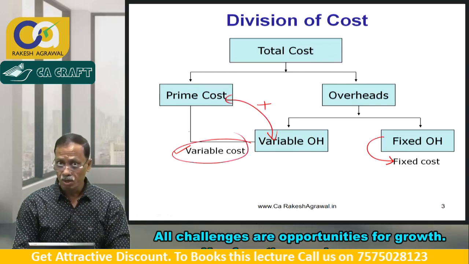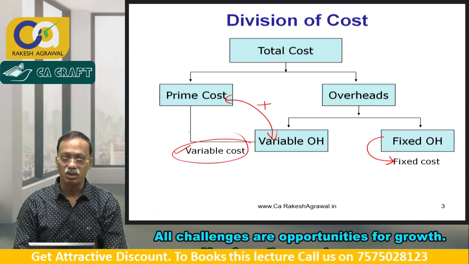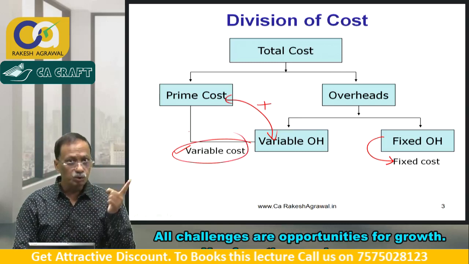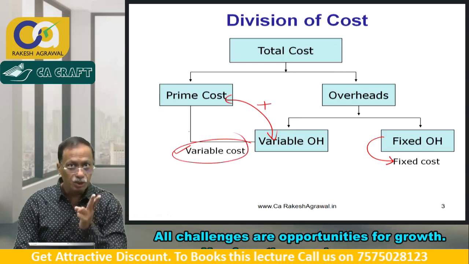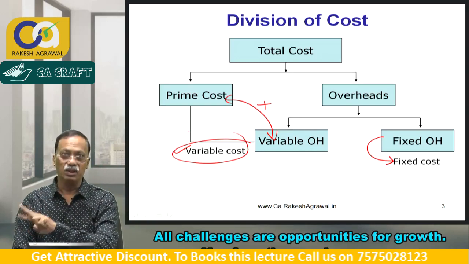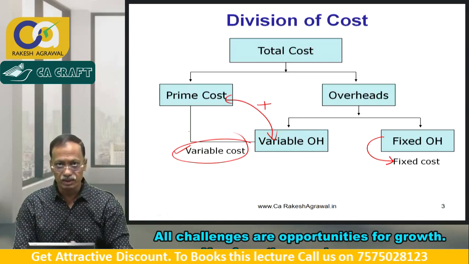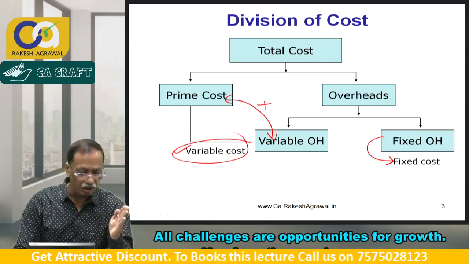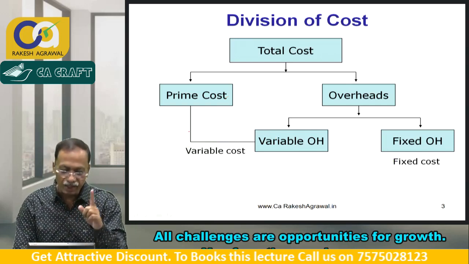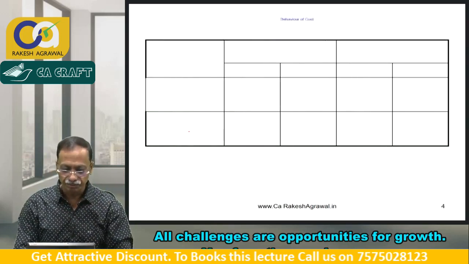Is this clear? So we have to reclassify the cost which was used for cost sheet purpose into CVP analysis purpose. So the same cost, prime cost and overheads, is reclassified into variable cost and fixed cost. And now I'll take you to the behavior of cost.